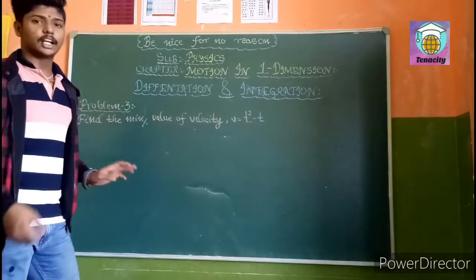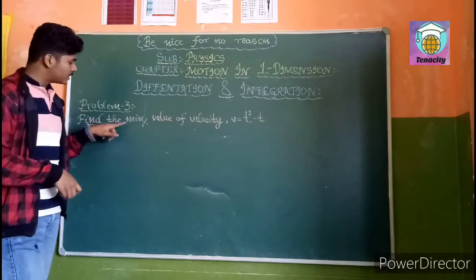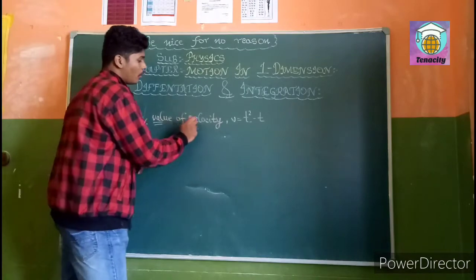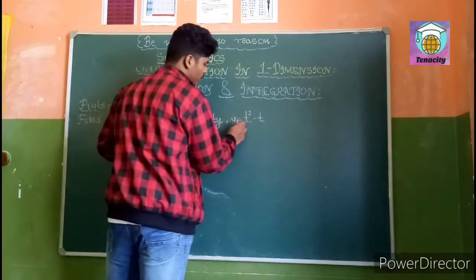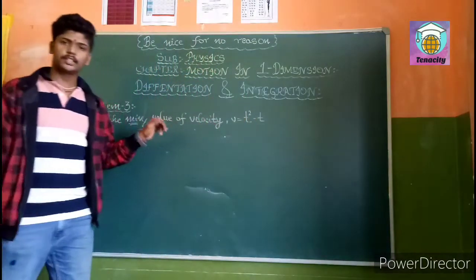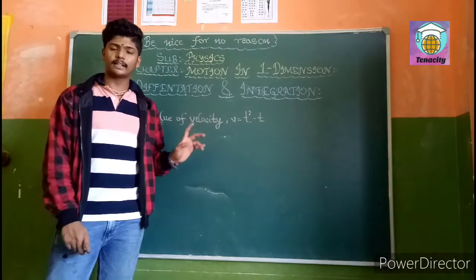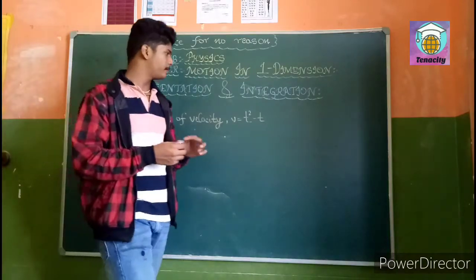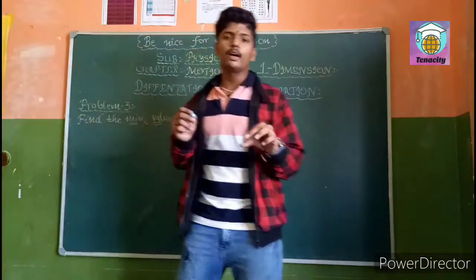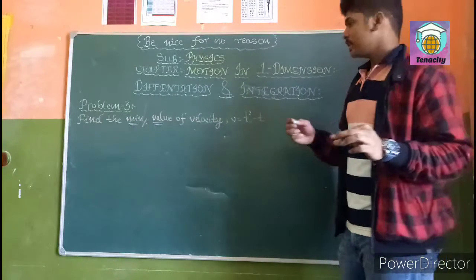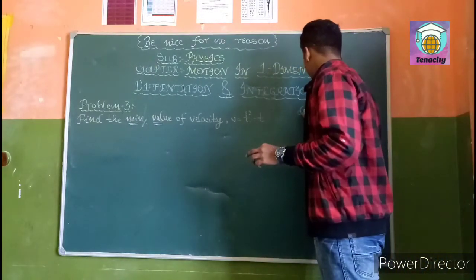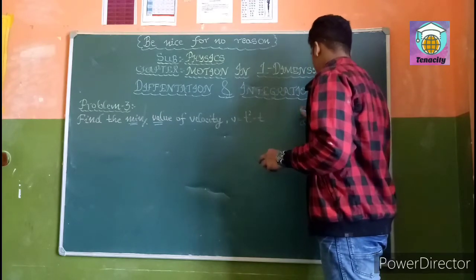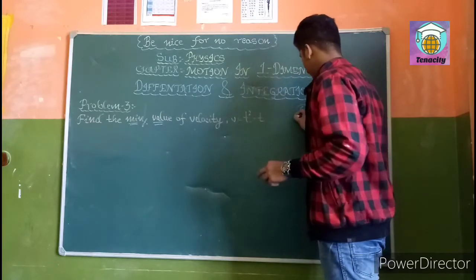Let us look at the third problem. Find the minimum value of velocity v is equal to t square minus t. This is a problem related to maxima and minima. I have discussed in the previous class that for a maximum or minimum value, the differentiation dy by dx must be equal to 0. I showed this through a graph, right?